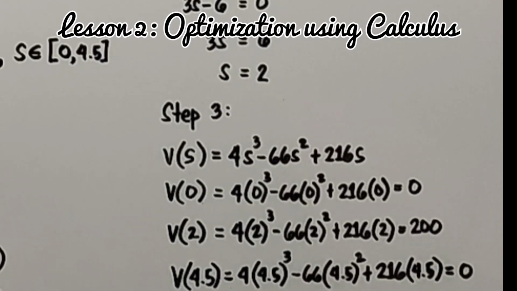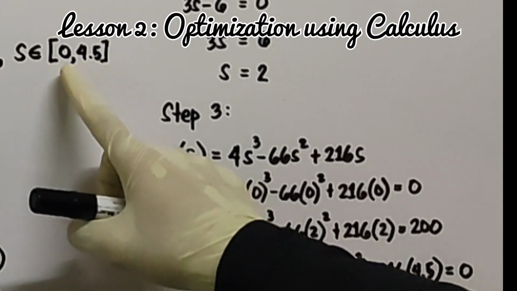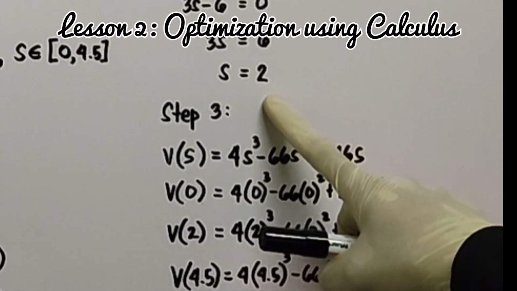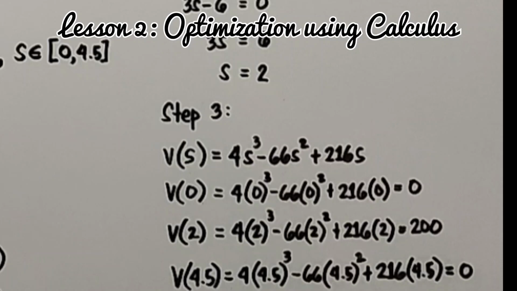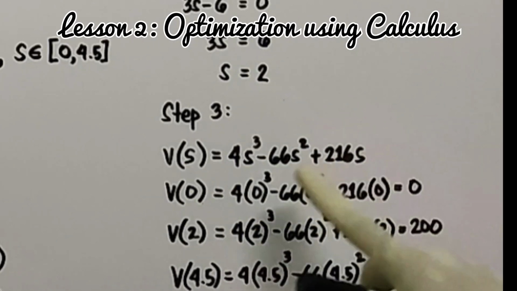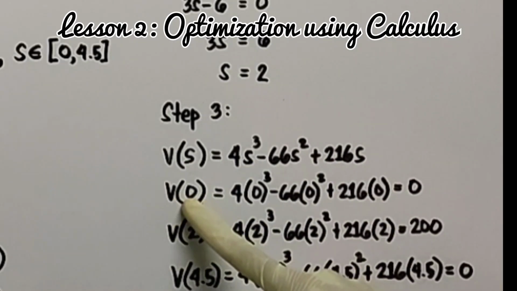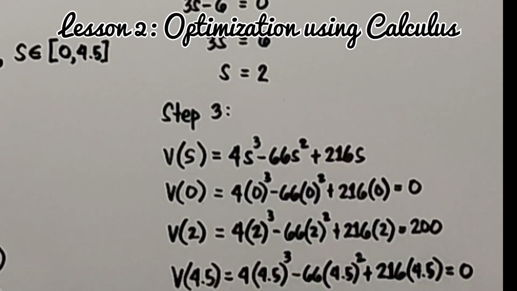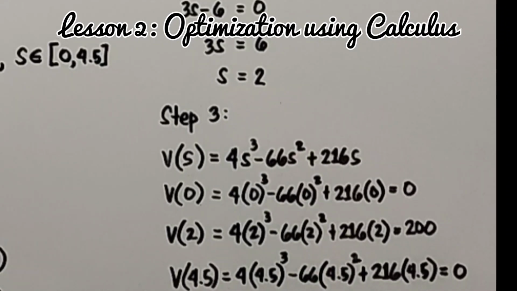And for step 3, we are going to evaluate the function value at the two endpoints and the one critical value, which is positive 2. Using the original equation, for s equals 0, the value of the function is 0. For s equals positive 2, the value of the function is positive 200. For s equals 4.5, the value of the function is also 0.